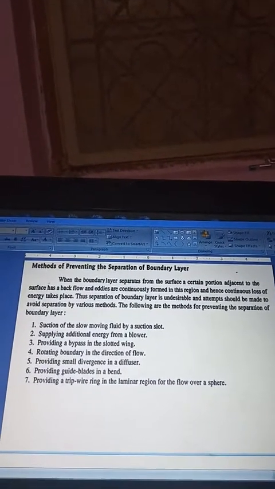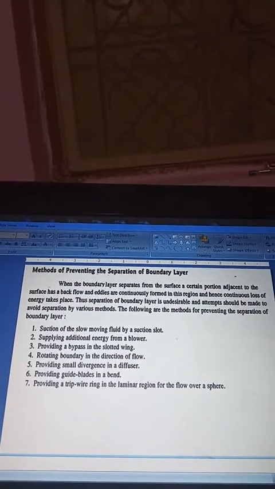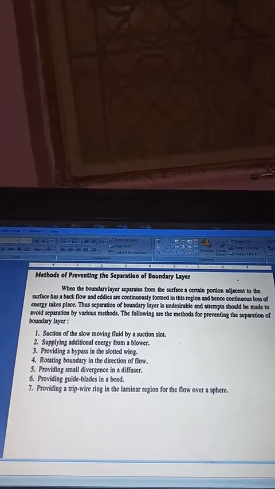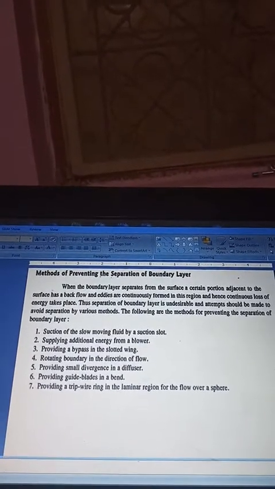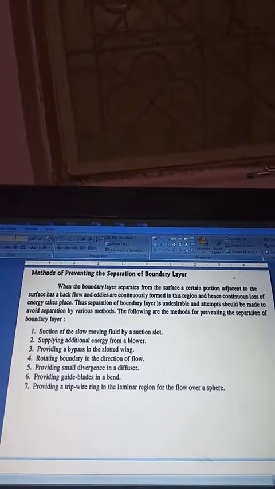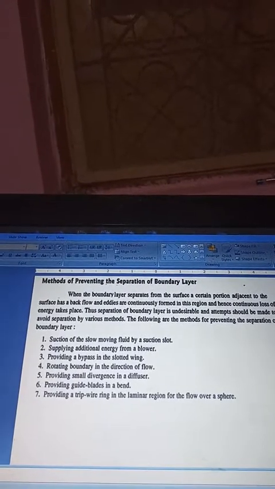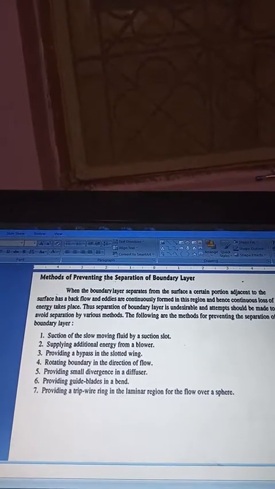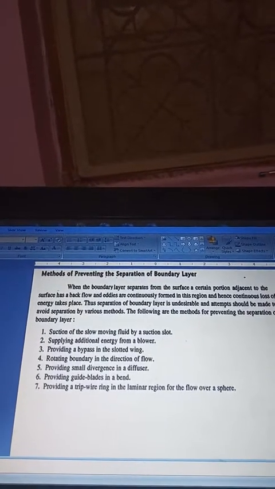Let us supply some additional energy from an external device, a blower, which will force the air to remain attached to the solid surface. Let us provide a bypass or a slotted wing to that solid body, so that it turns the fluid to stay attached to the surface. Many such methods are there.